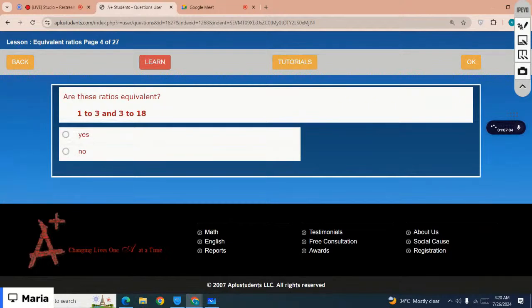So which is the correct option? Are they equivalent?